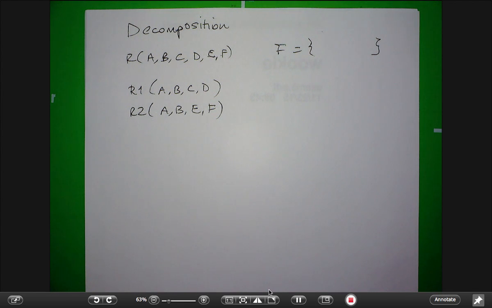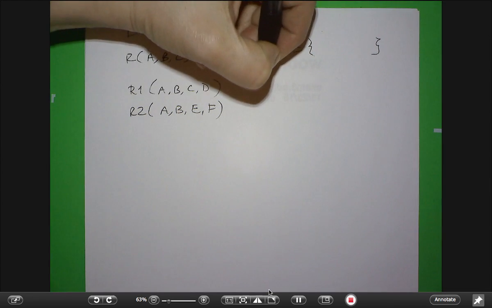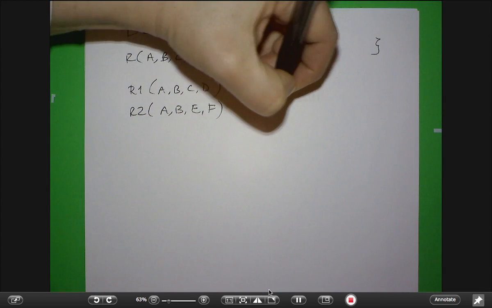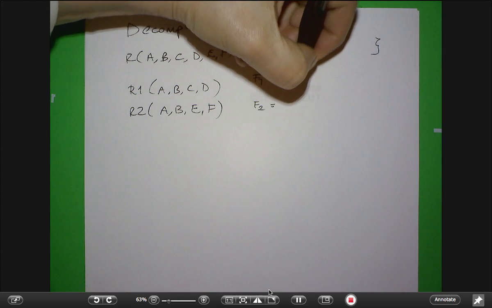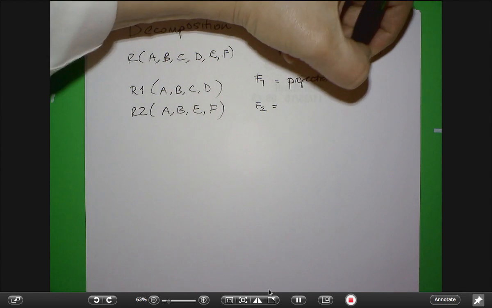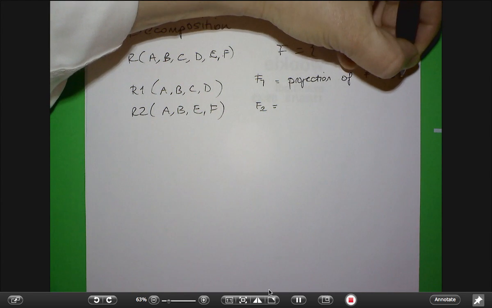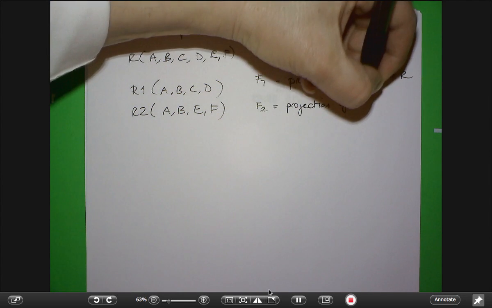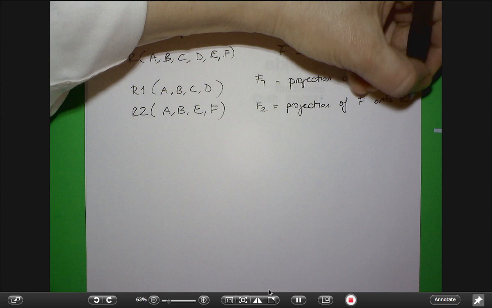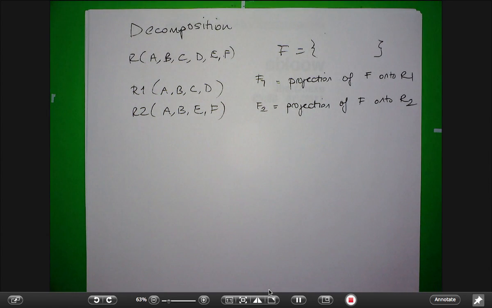So we said that basically what we are going to do is first find F1 and F2 that are projection of R onto these. Okay. Then I'm going to check if things in F1 and F2 together still imply the same thing as was originally.